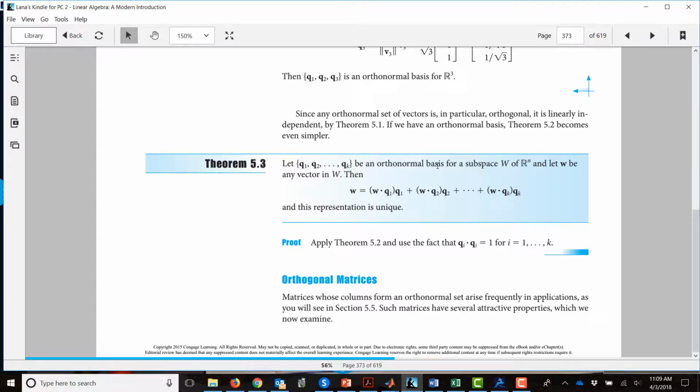Okay, so notation-wise, we're going to put V for vectors, but we're going to put little q if it's an orthonormal basis, right? This is saying, hey, the dot product of any of these is 1 if you dot it with itself, and it's 0 if you dot it with each other. Okay?